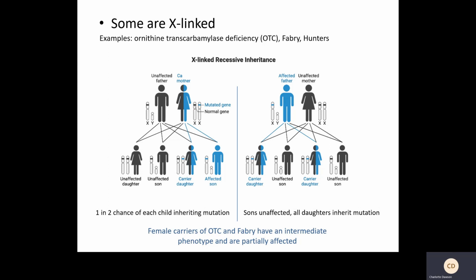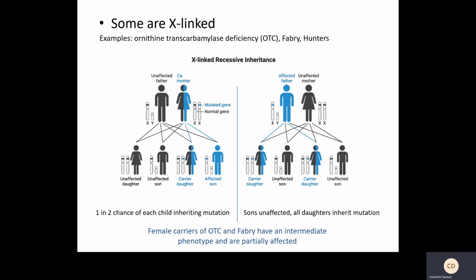However, in OTC and Fabry, there appears to be an intermediate phenotype where female carriers are, or at least may be, partially affected. And by this we mean that they do have the condition, but it affects them more mildly or at a later age than their male relatives with the same mutation.